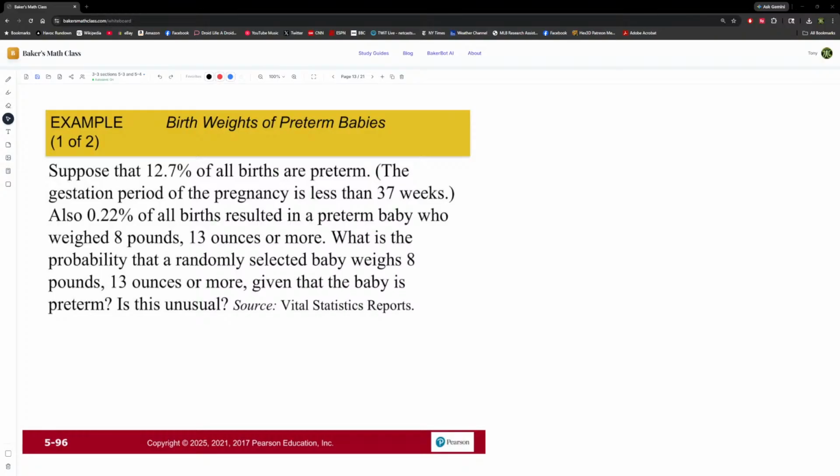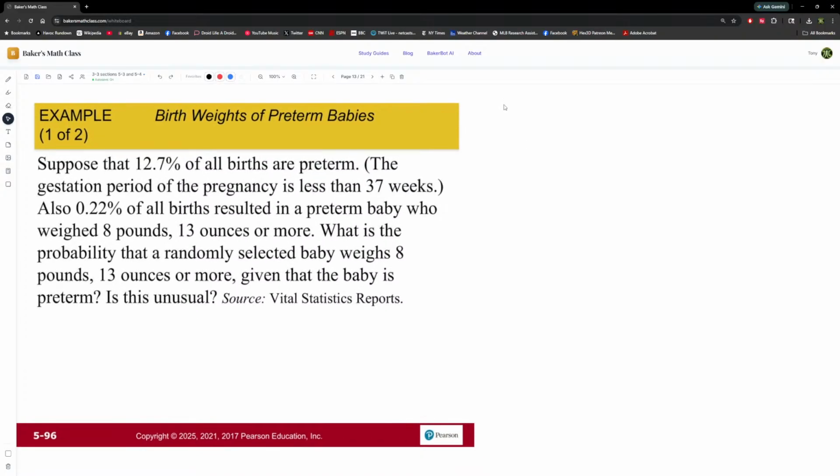So now when we're looking at these, this is where that probability is going to come out. So we're looking at this situation. We want the probability of normal weight, we'll call it, given they're preterm.